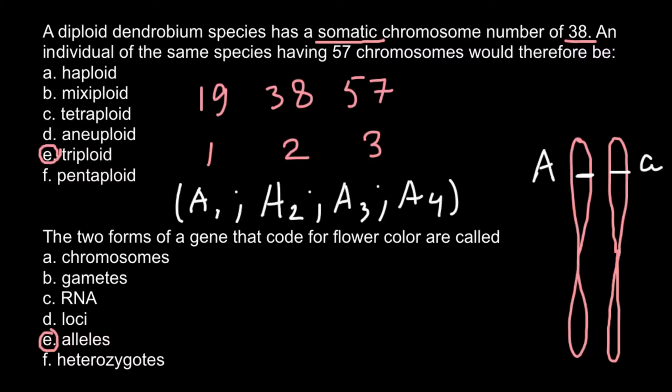But once again, it is not necessary that the two alleles have to be dominant and recessive. One allele can be, for example, A1, another can be A2, and such a condition we also call heterozygous. That means that in one particular locus we have two different alleles.